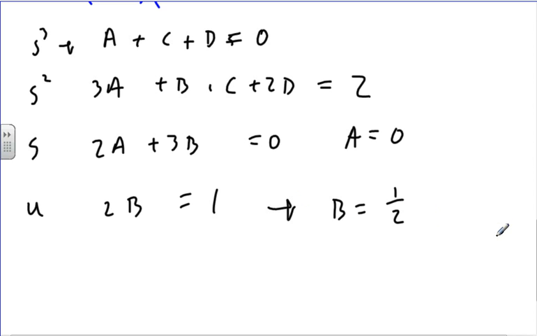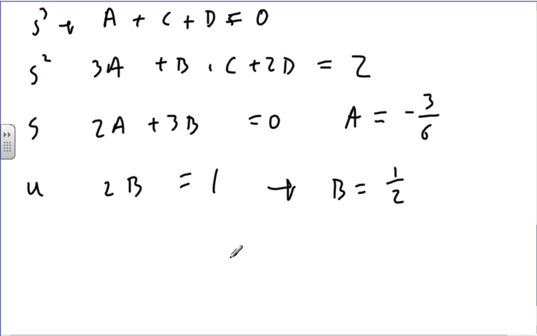Okay, if b is equal to 1/2, then a is going to be equal to what? a is equal to 3/2 minus 3/2. Okay, well that's good. I'm happy about that.